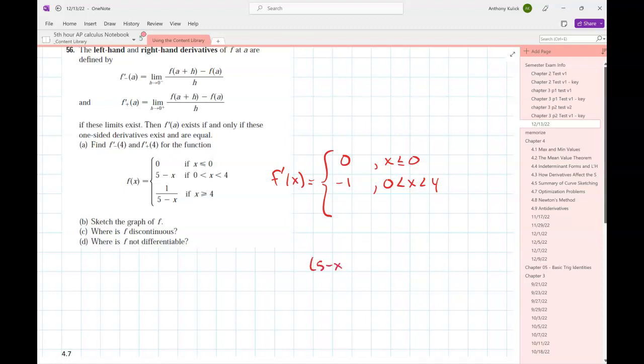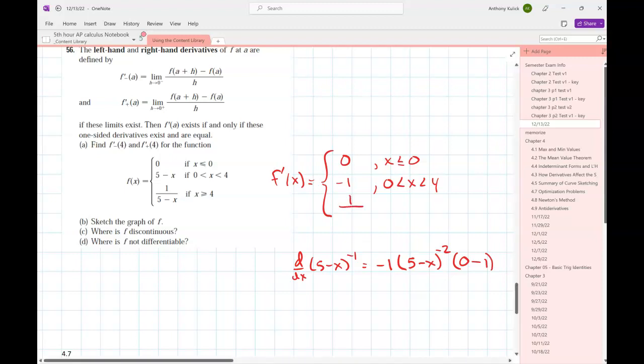I think about that as 5 minus x to the negative 1. So when I do the derivative of that, I'm going to have negative 1 times 5 minus x to the negative 2, and then times the derivative of the inside, which is going to be the derivative of 5, which is 0, minus 1, which is the derivative of negative x. So that turns into 1 over (5 minus x) squared, and that's for x greater than or equal to 4.